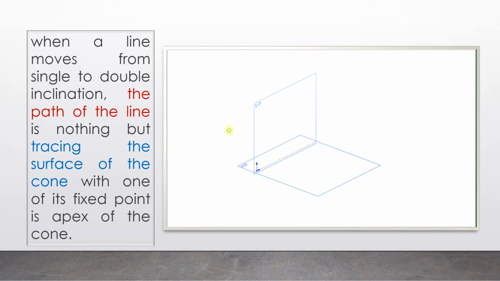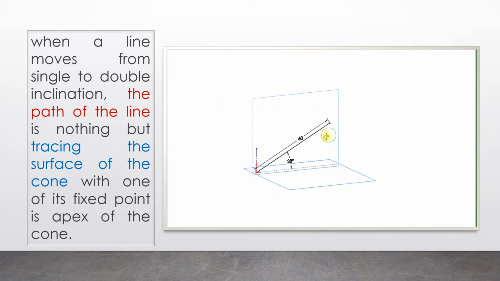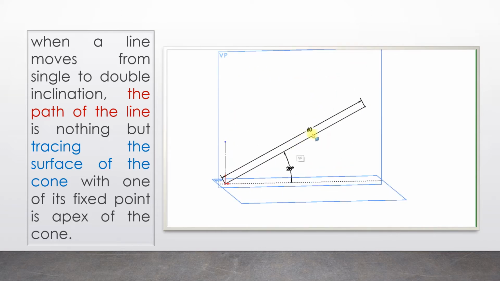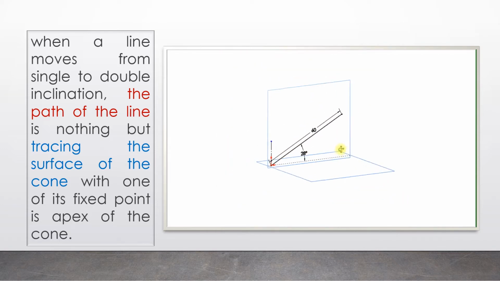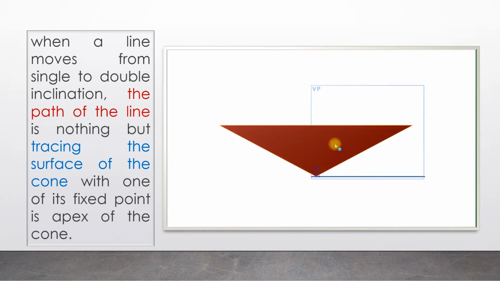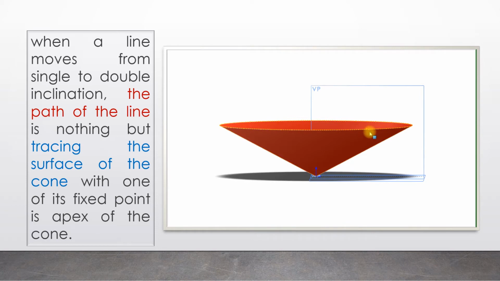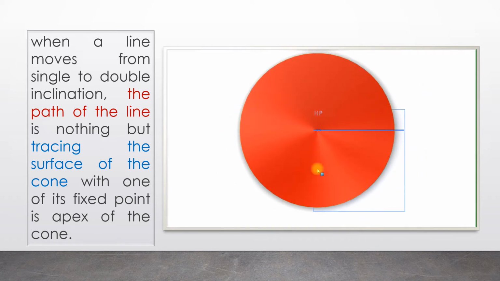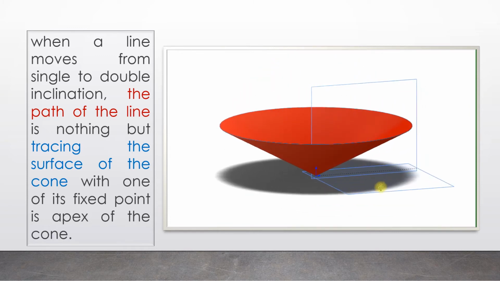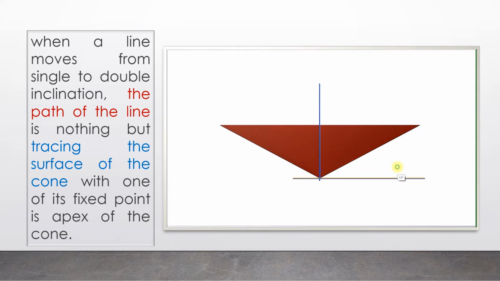But before completing this double inclination, we should be aware that when the line is inclined to one plane, here inclined to HP only, and it is rotated in such a way that it makes inclination with VP, it is actually moving or tracing the surface of a cone, that is, a generator. Each stage is nothing but the generator of the surface of the cone, so that it can maintain inclination with the HP as well as we can record the inclination to the VP.